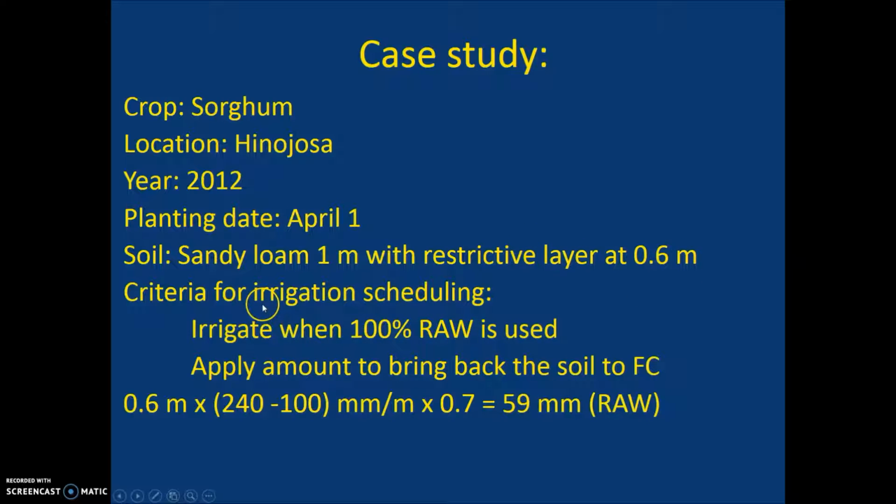The criteria for irrigation scheduling is irrigate whenever 100% of the readily available water is used, and then apply an amount to bring back the soil to field capacity. The readily available water is around 59 millimeters.